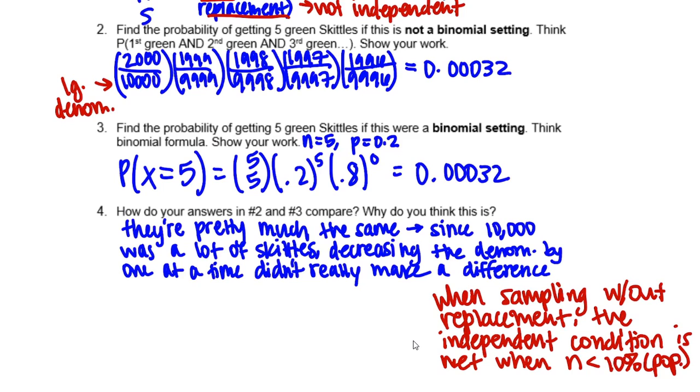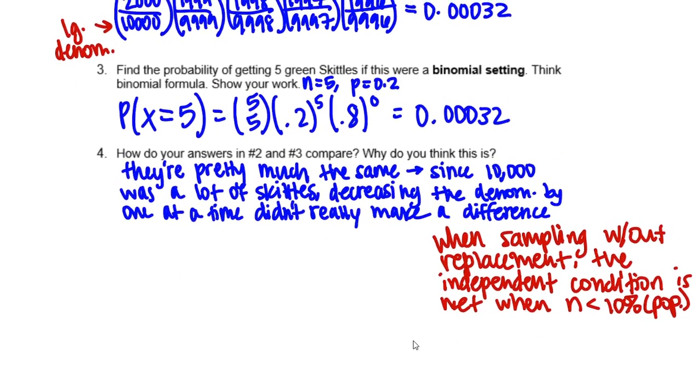And so this is called, if you can fit it on the side, the 10% condition.